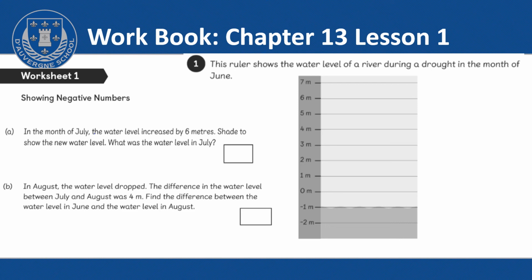So let's start off at -1 meter, and we're going to count up to 1 meter. So we're going to do 1, 2. So we find the difference is 2 meters. Now we could count backwards from 1 meter down to -1 as well, counting through 0, 1, 2. So we know that our answer is going to be 2 meters.